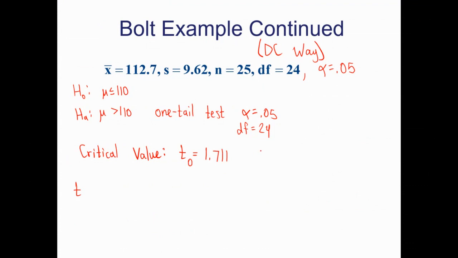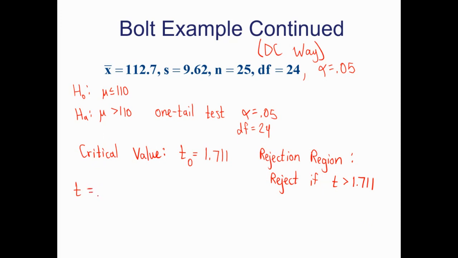I guess before we do that, we need to do our rejection region. So we're going to reject if T, our alternative says greater. So if T is greater than 1.711, then we reject.